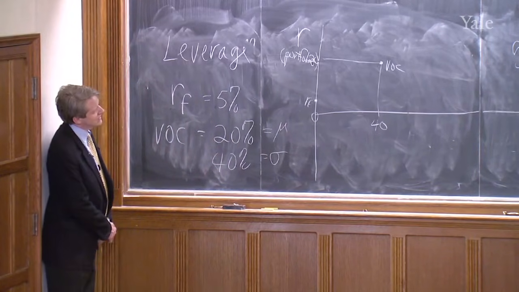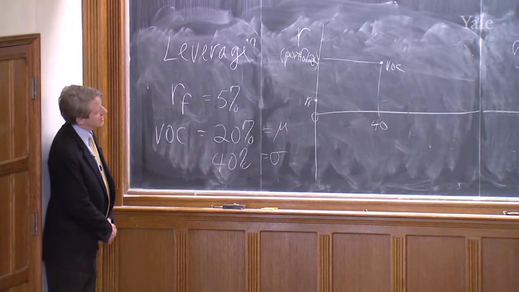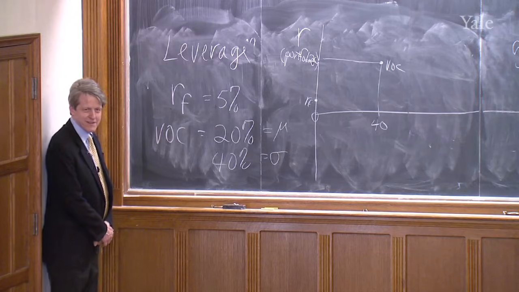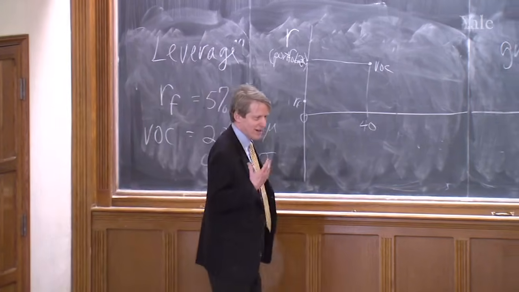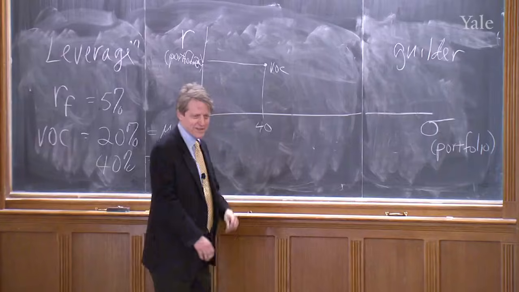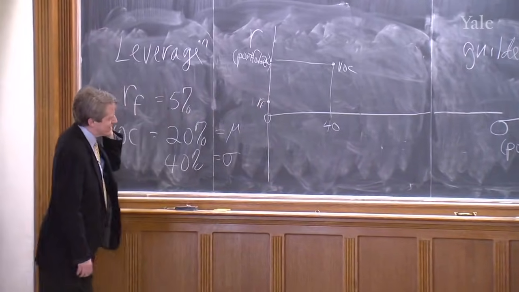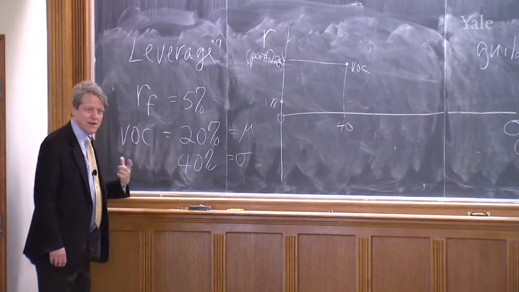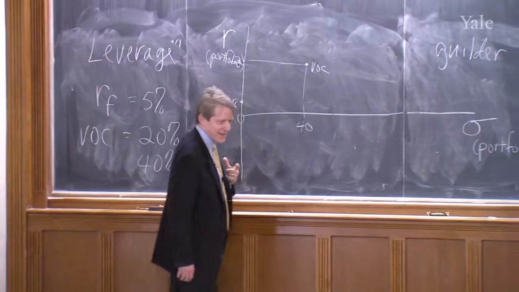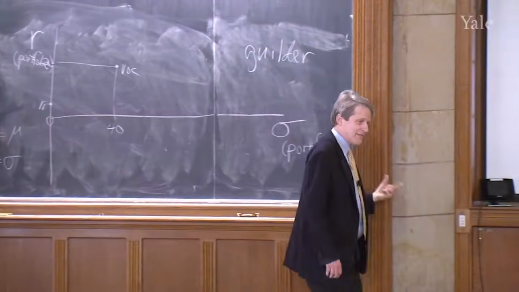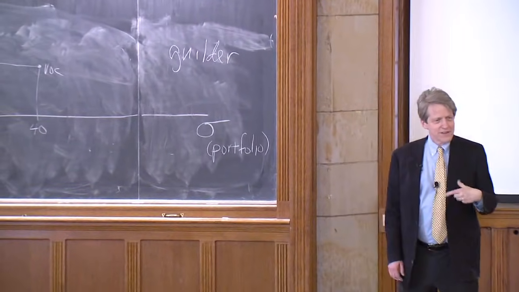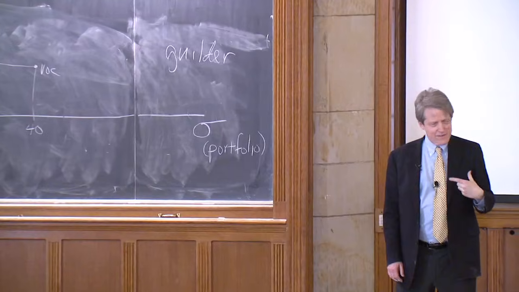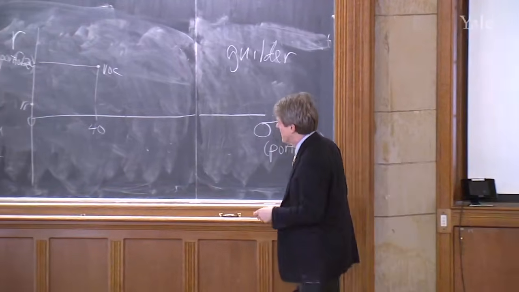But what if I said, I'm going to actually borrow another 100 guilders? I only own 100 guilders, but I'm going to borrow another 100 guilders and put it in VOC stock. So that means I'll own 200 guilders of VOC stock, and I'm going to have a debt of 100 guilders. So what's my expected return then?